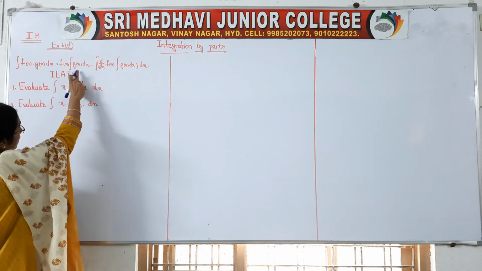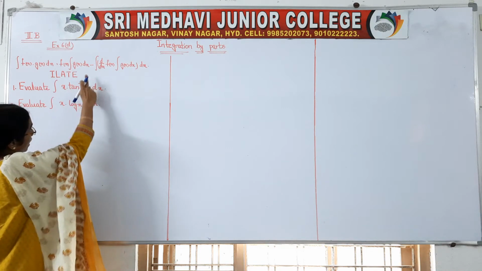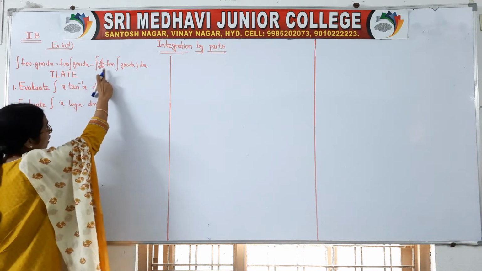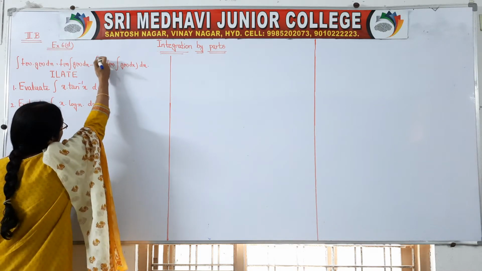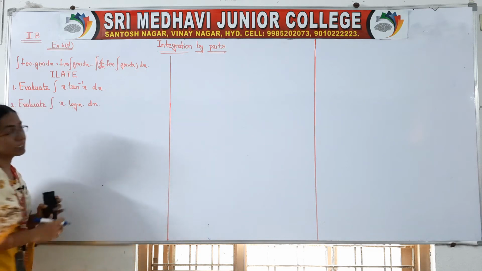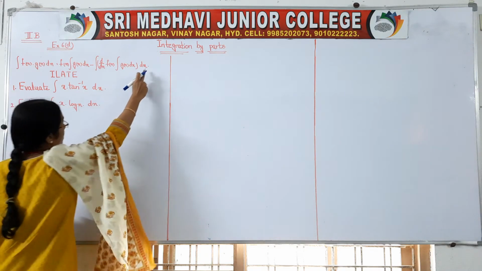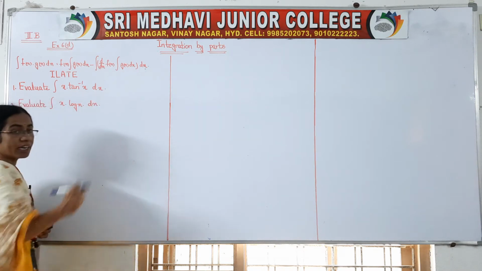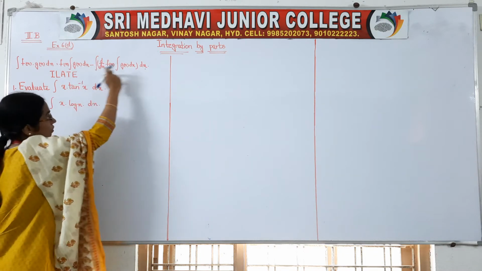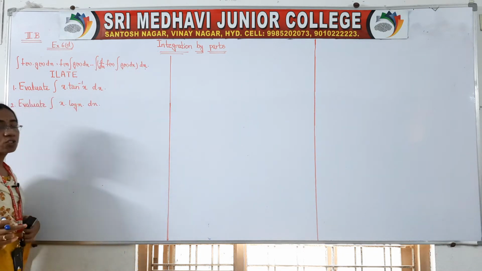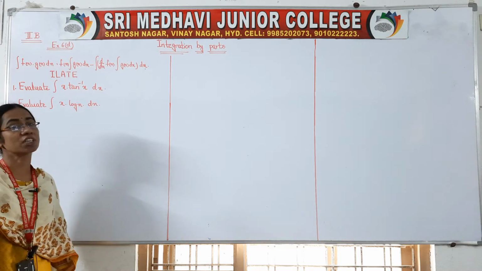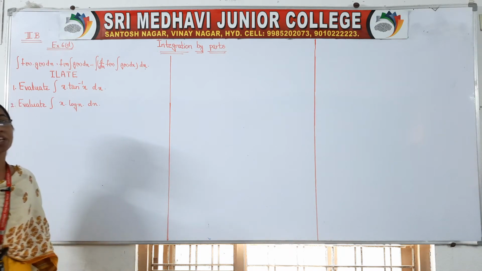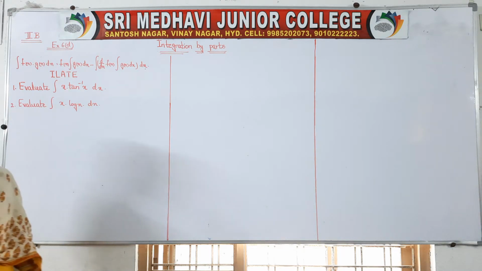So f of x integral g of x dx minus integration of d by dx of f of x integral of g of x dx, for the whole dx. This integration is for the whole. While deciding which function should be f of x and which should be g of x, we have to follow one rule.